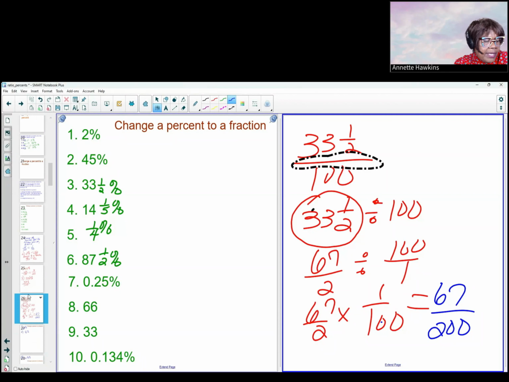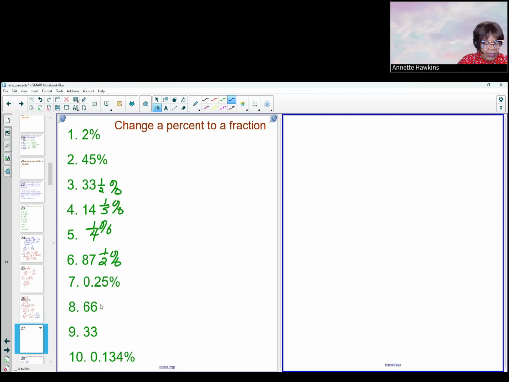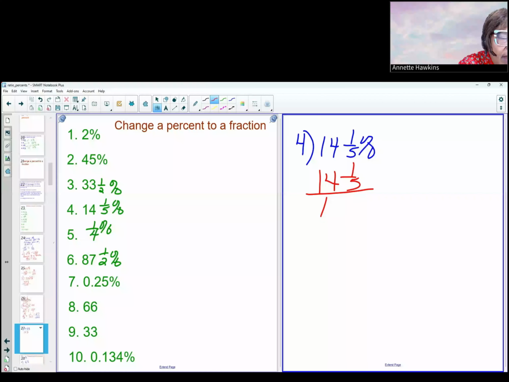What would that be? Change that percent to a fraction. We remove the percent symbol, put it over 100. We're going to change this to 14 1/5 divided by 100.